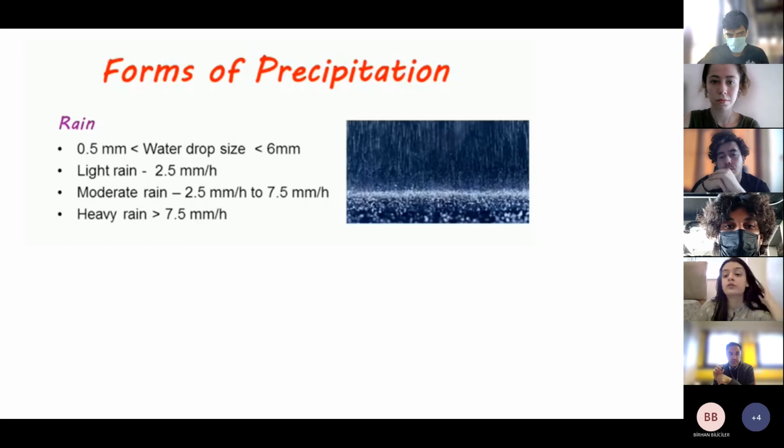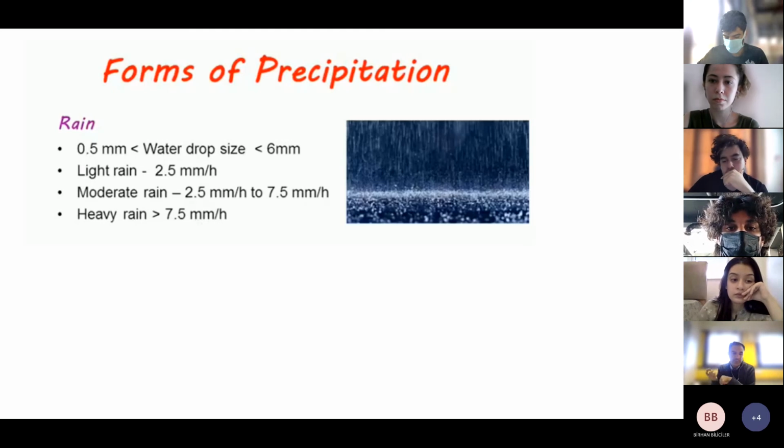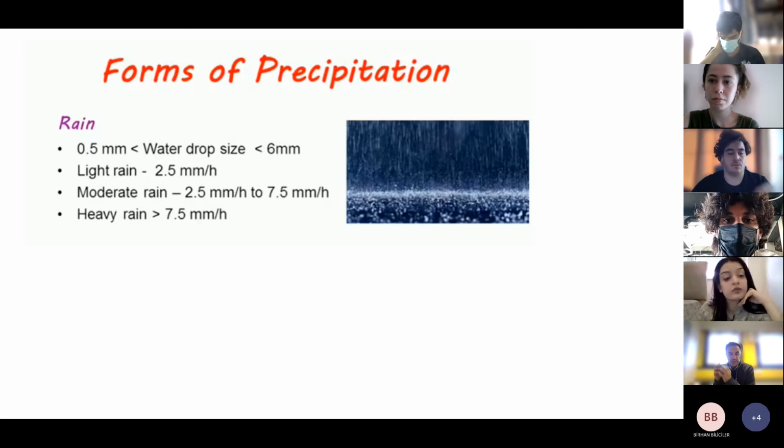Intensity is the amount of rainfall in terms of length, for example millimeter or inch, which rains during 1 hour. Therefore, the height of rainfall that we receive in 1 hour is called rainfall intensity.